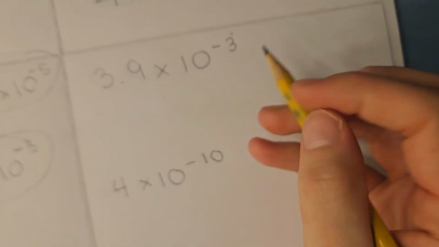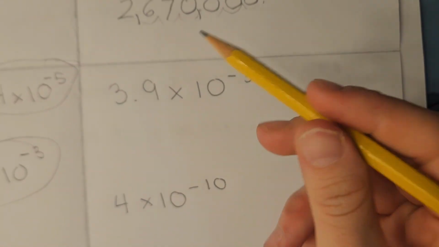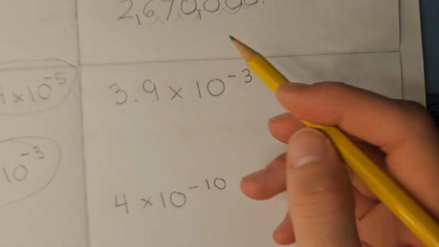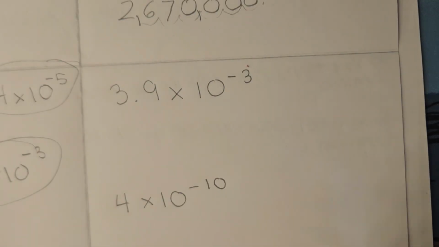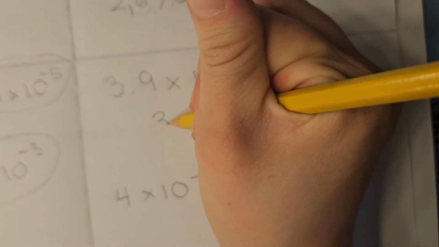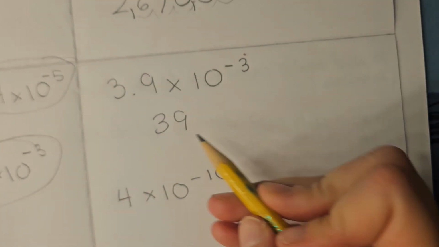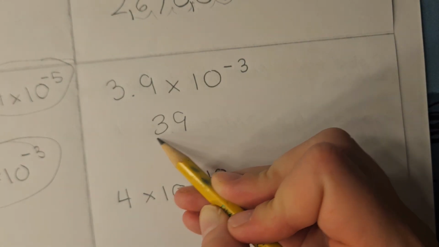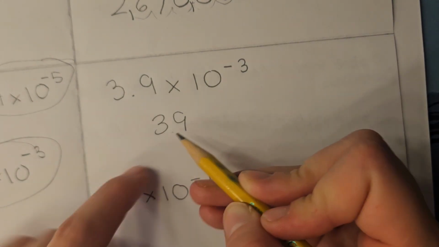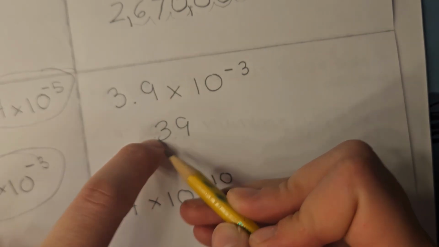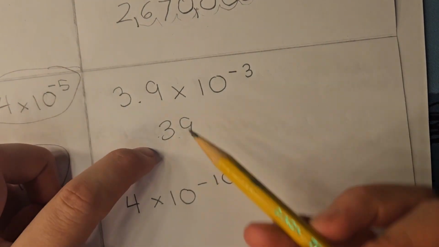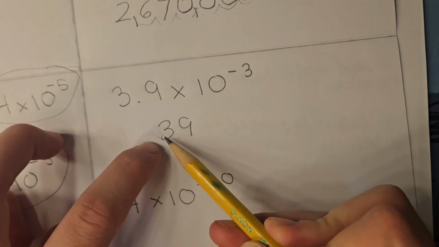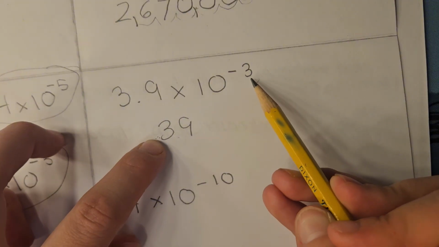Okay, now for our last one. It's basically the same process, except we're going to be moving to the left side this time. So again, I'm going to draw my 2 significant numbers, and we're starting here. I can see that I've already moved 1 decimal spot to end up here, which means I only need 2 more.